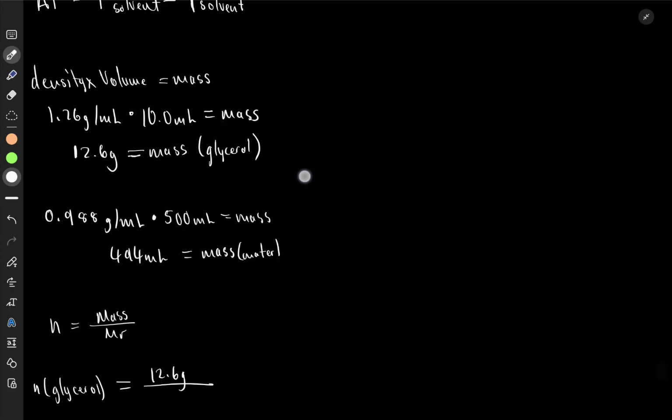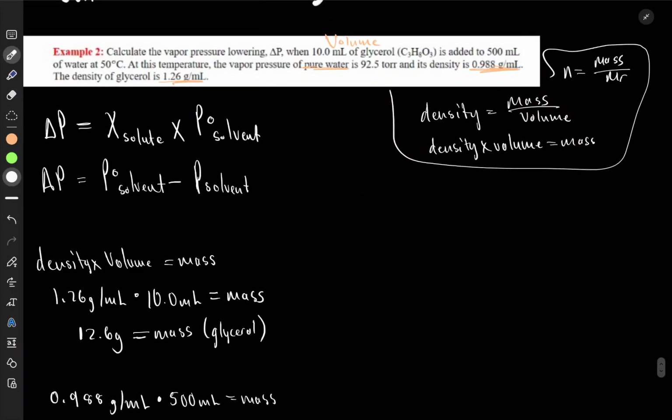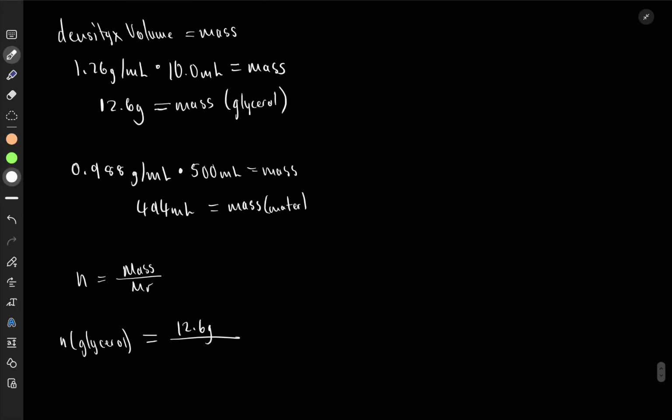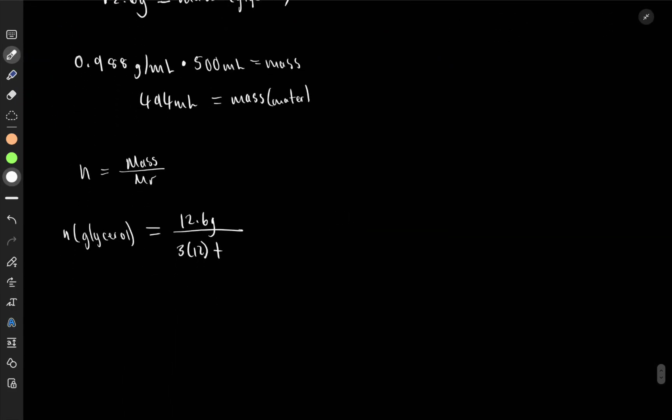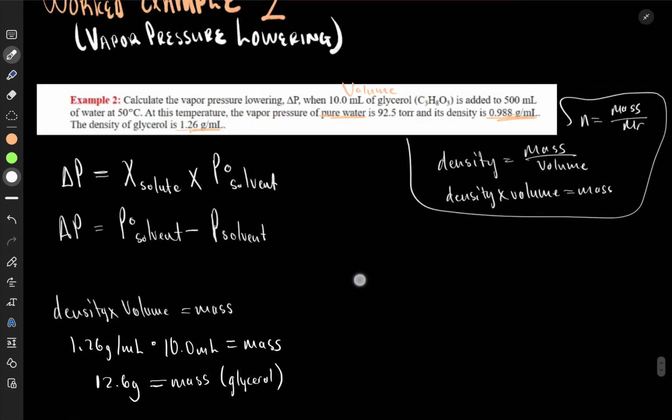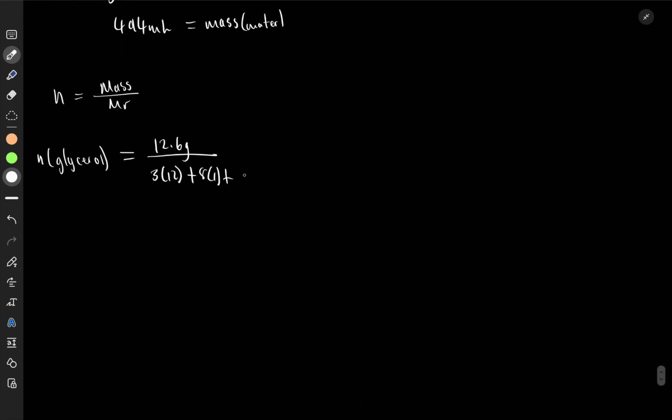Do we have the MR of glycerol? We go back to our question. Glycerol is C3H8O3. C3, that means it is 12 by 3. So it is 3 carbons, so 3 by 12, plus H8, which is 8 of hydrogens by 1, plus, is it O3, which is 3 16s, okay?